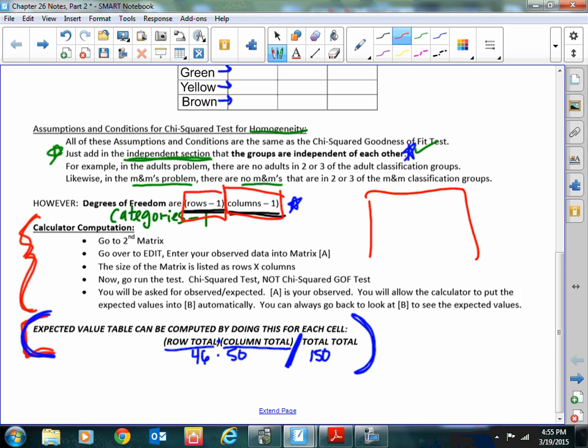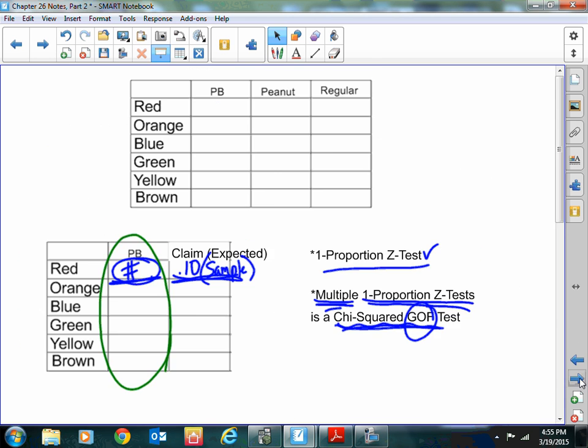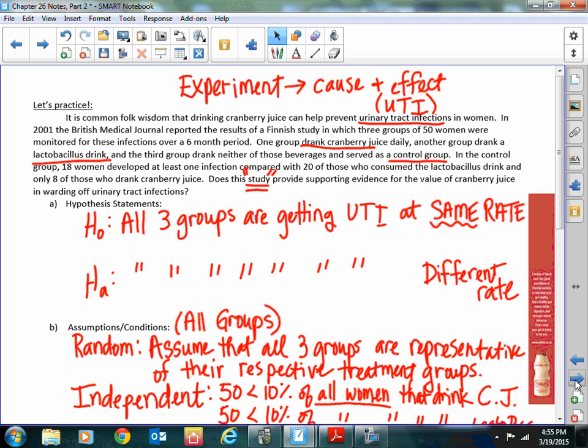Well, if this thing looks like this, then you have got 2 rows, so that's 2 minus 1, times, and you have 3 columns, times 3 minus 1. Okay, well folks, that's 1 times 2, and ta-da, that magic number for degrees of freedom is 2. So that is how that comes about.